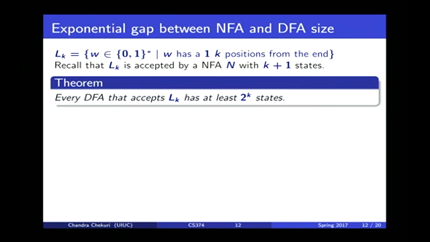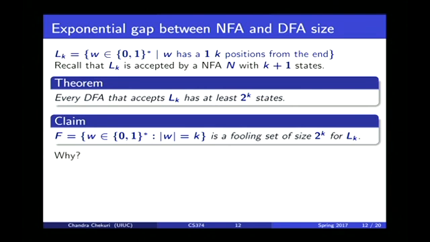So how can I give you the fooling set for this? Okay, I claim this is a fooling set: all strings of length k form a fooling set for this language. Let's pick k equal to 5 for concreteness. All strings of length 5, that's the fooling set. How do I prove that?